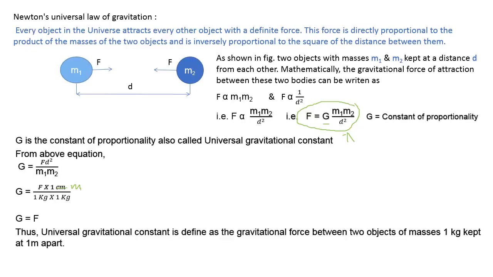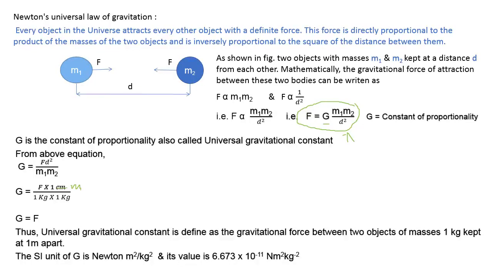So when we consider two objects of unit masses, 1 kg, kept 1 meter away from each other, whatever gravitational force they have between them is the universal gravitational constant. I hope you are clear. Read it properly, and if you have any doubt, we'll discuss in our live lectures.